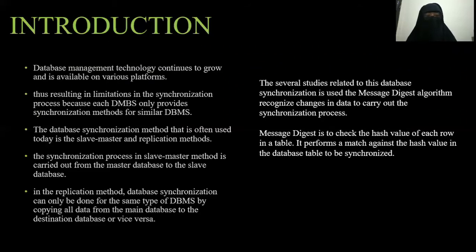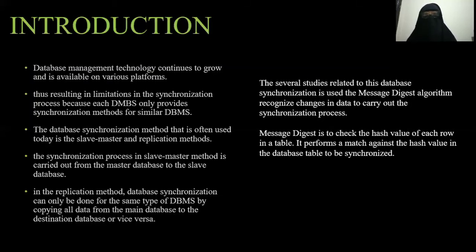Whereas in the replication method, database synchronization can only be created for the same type of DBMS by copying all of the data from the main database, that is the source database, to the destination database or the others.